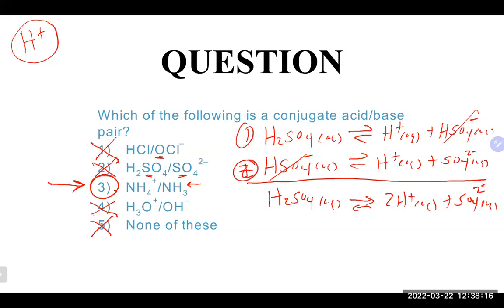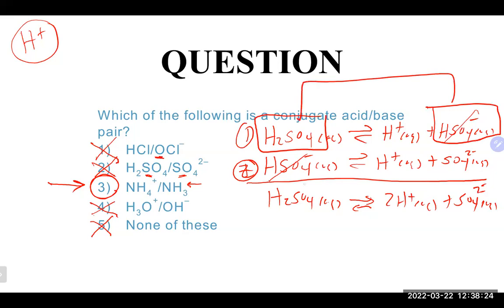And that is why H2SO4 and HSO4- are pairs, and HSO4- and SO4 2- are pairs, but going directly from H2SO4 to SO4 2- they are not pairs, again, because it's more than a 1 H+ difference. Any questions on that?